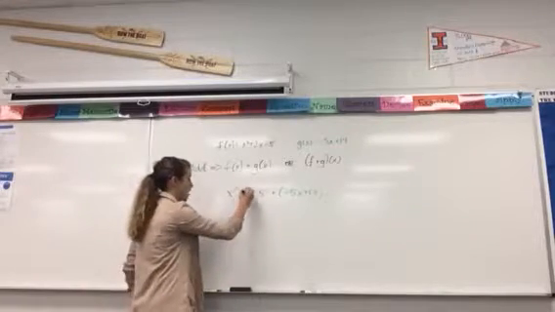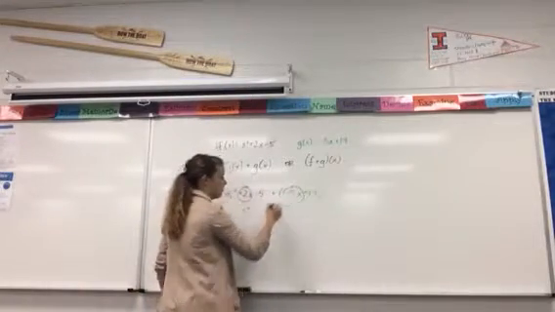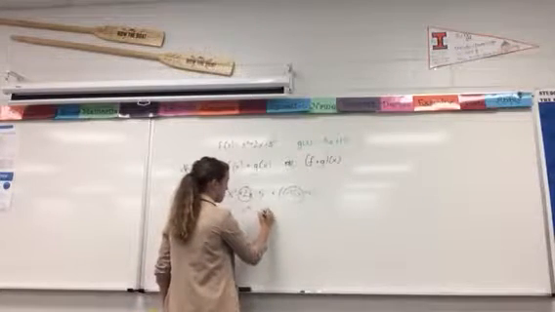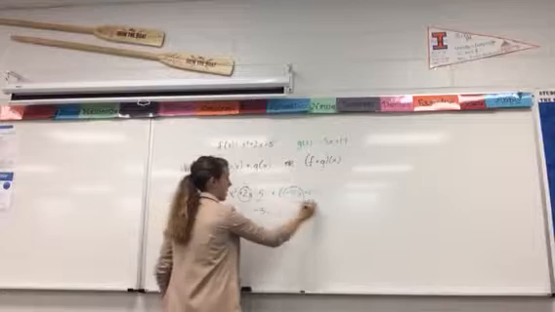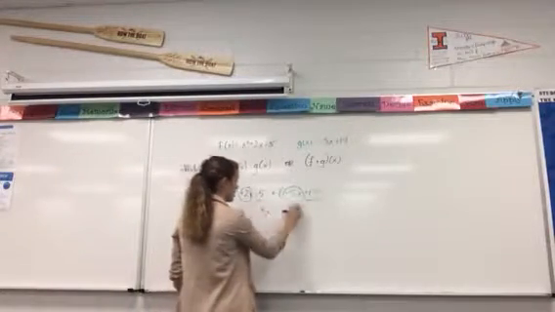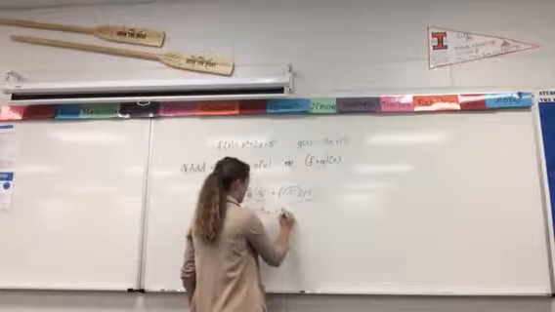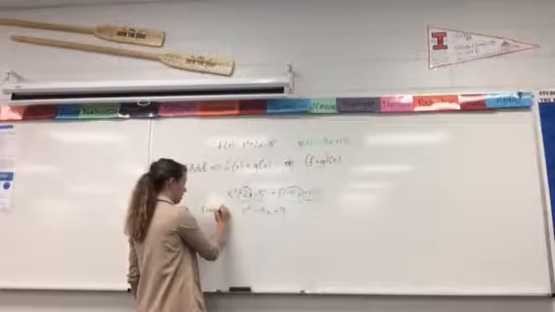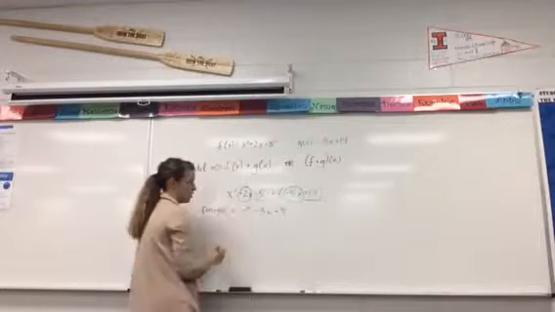Then I'm going to add my 2x and my negative 5x. So 2 minus 5 gives me a negative 3x. And then I'm going to add my negative 5 and my positive 14 to give me positive 9. And this is the notation of f of x plus g of x. So all I've done here is I've added the two equations together.